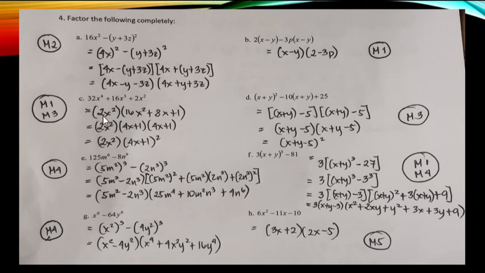So, ang GCF is 2x squared, so ang nabilin dira, 32x to the power of 4 divided by 2x squared is 16x squared na lang. Then, kana divide din na, ang mabilin plus 8x. And 2x squared divided by 2x squared, that is 1. So, notice nga kani pod, that is a perfect square trinomial. So, pwede na to siya ma-square nga binomial. So, ma-factor out nato ni siya.